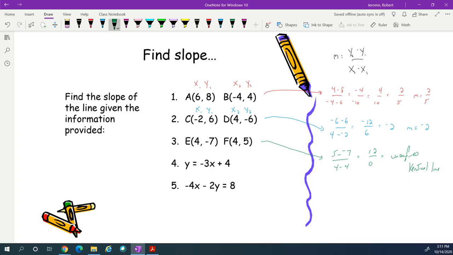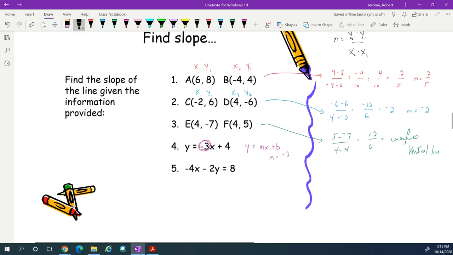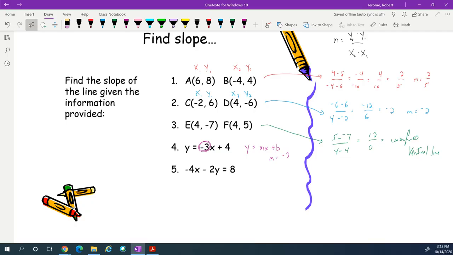Number 4 is in slope-intercept form. y equals mx plus b. So m is whatever's in front of x. Slope is -3. And the last question here, well, we can plug in numbers and test it. We can graph it and figure it out. Or we can rewrite it in slope-intercept form, which is what I would suggest.